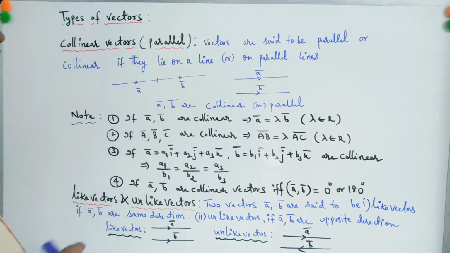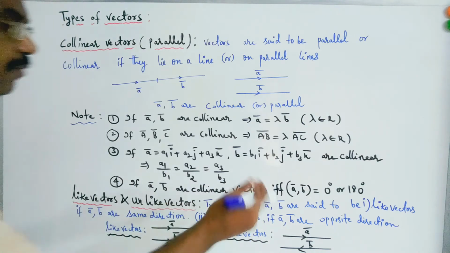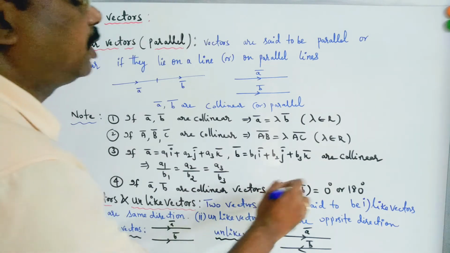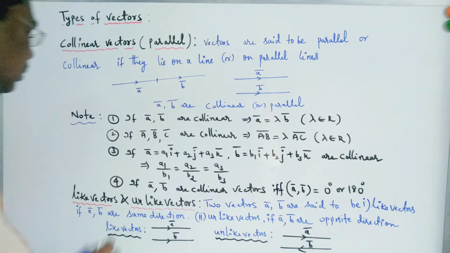Fourth point: a bar and b bar are collinear vectors if and only if the angle between a bar and b bar is 0 degrees or 180 degrees.